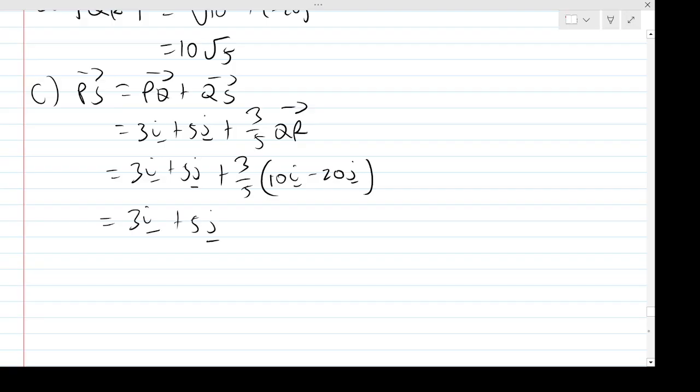And then 3/5 times 10i is going to be 6i. And then 3/5 times minus 20j would get me minus 12j. And then I just need to add the i's and j's. So 3i and 6i is 9i. And 5j minus 12j would be minus 7j. Okay. And there we are.